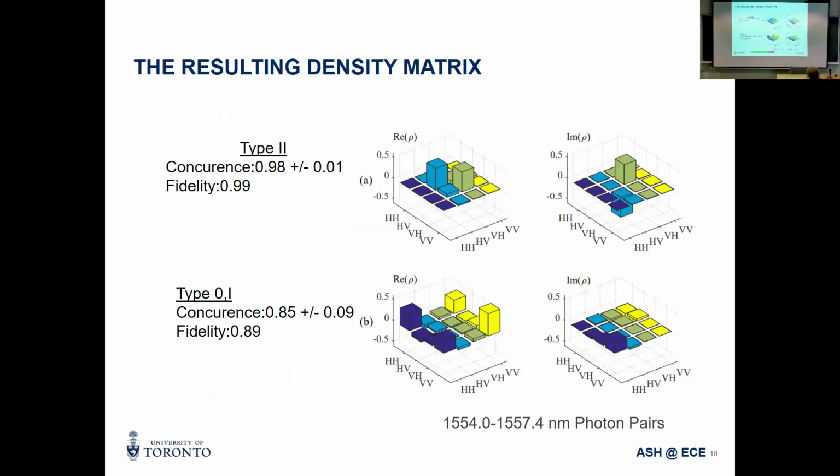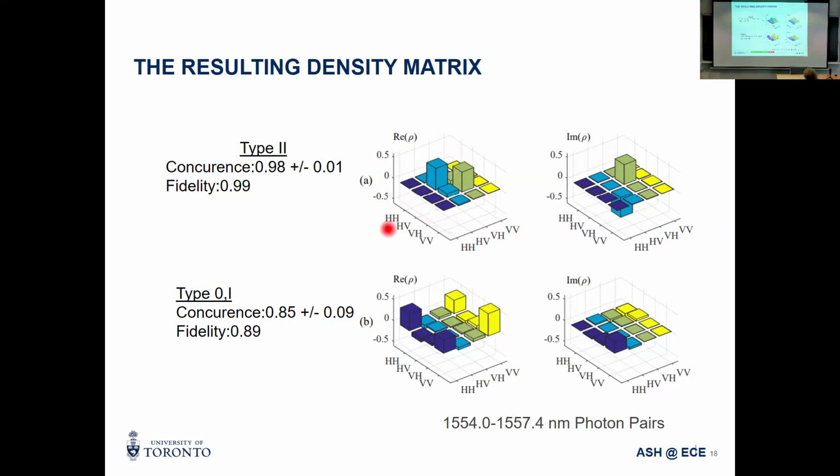And we look at our experimental results, and through type 2 SPDC, we get a high degree of concurrence and a high fidelity of almost 1 with a very low error, as we can see through our density function here as well. Most of the photons are entangled, as seen in the real part of the function, and relatively low loss.